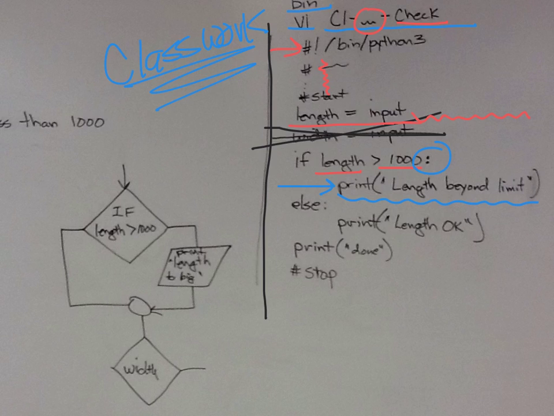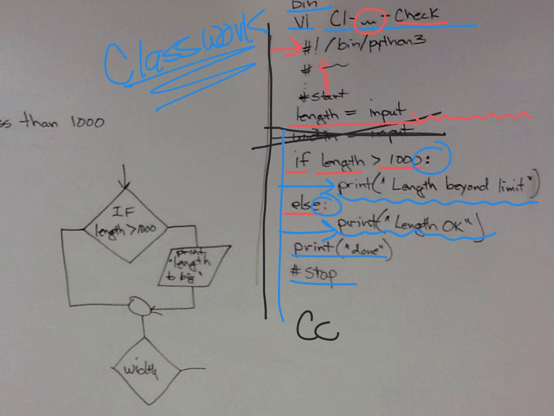And then they have the if else, indent, and again you have a colon, print length okay or something like that, and then we print it done and we stop.